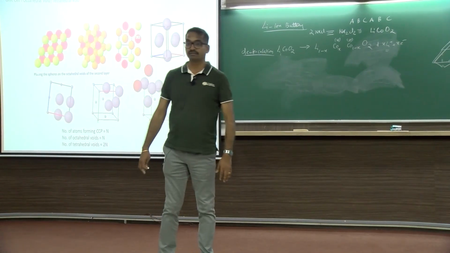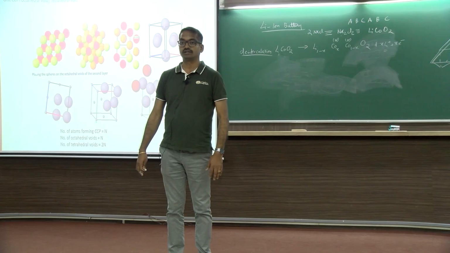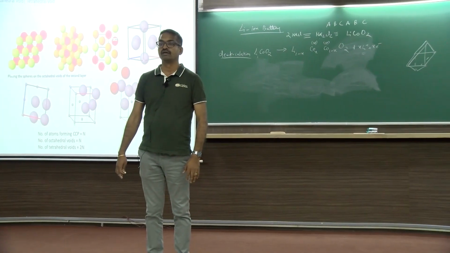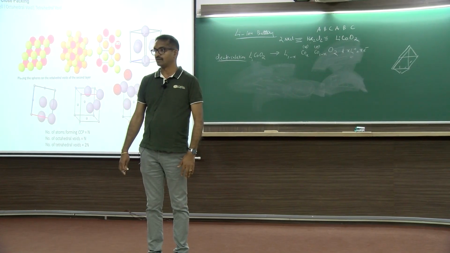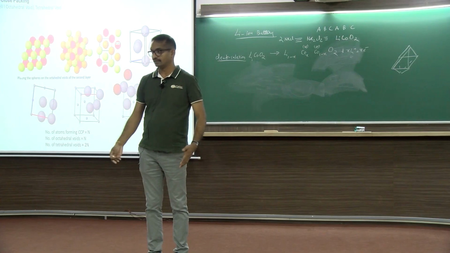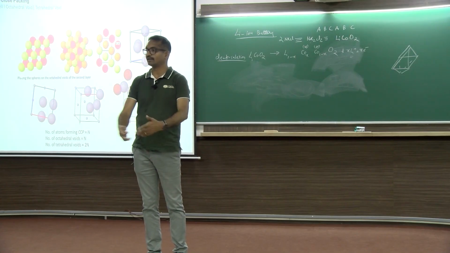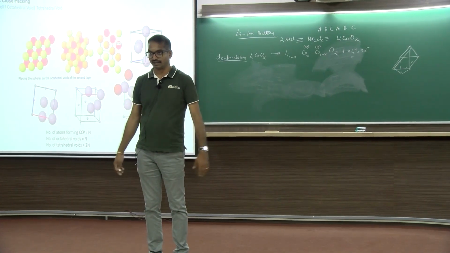Which is octahedral shape? LiCoO2 is not an octahedral shape, it is a rhombus, you will see now. Rhombus in 3D. Planar would mean we have only a sheet, but it is a 3D material.